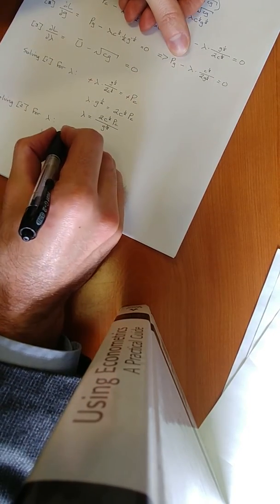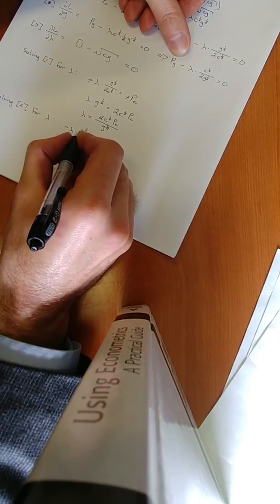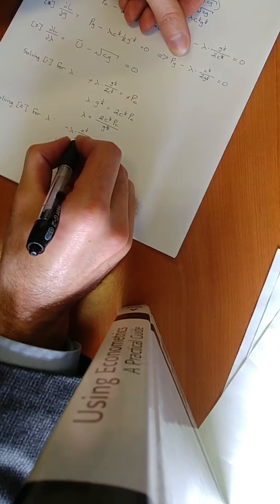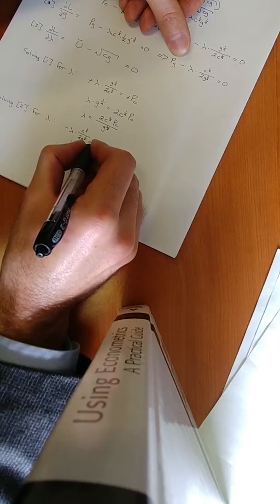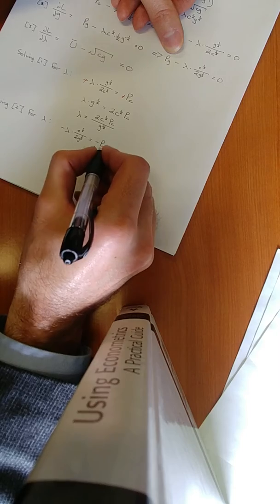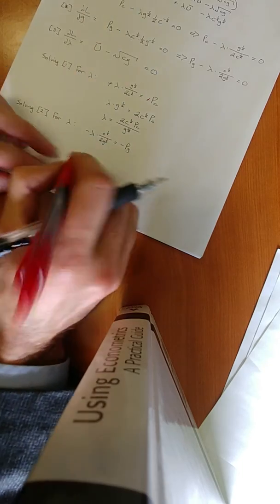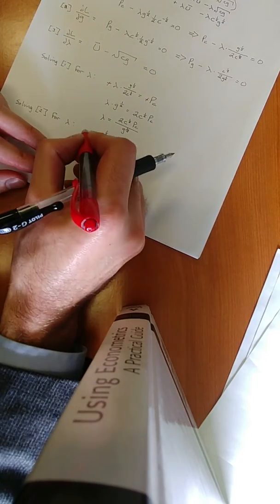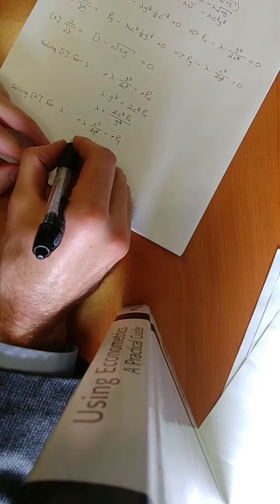Same thing again. Okay, same thing as before. Cancel out the negatives. Multiply both sides by the denominator.